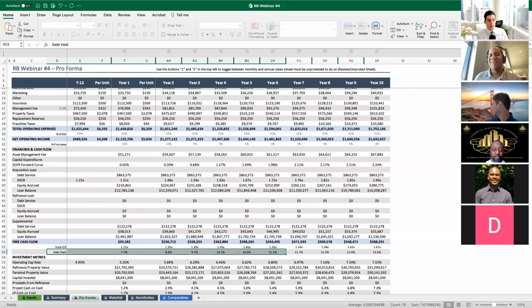The best way to understand a debt yield is if the lender had to take over the deal at their loan amount. So at the lender's cost basis, if they had to foreclose and own the deal, what cap rate would they own the deal at? And that's the debt yield. Some lenders focus on debt yield, other lenders focus on debt service coverage ratio. That's what debt yield is.